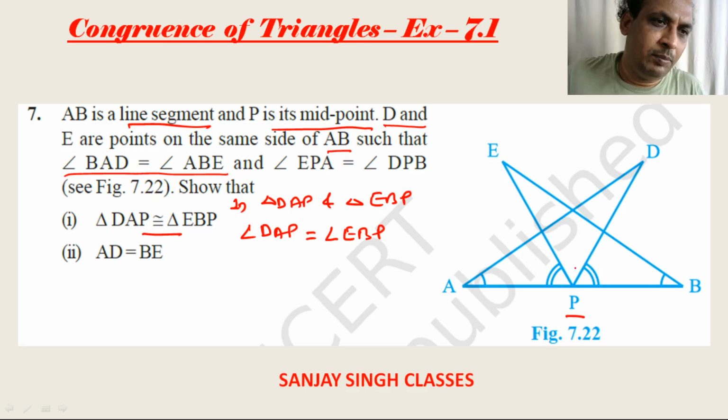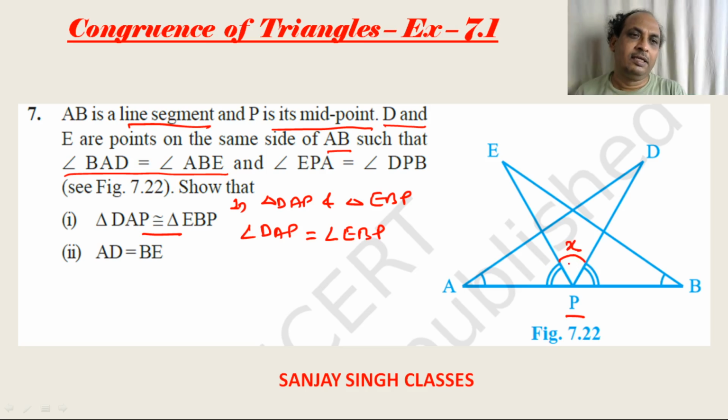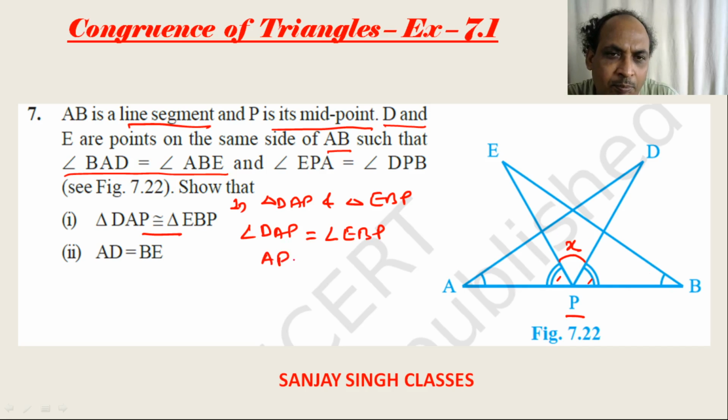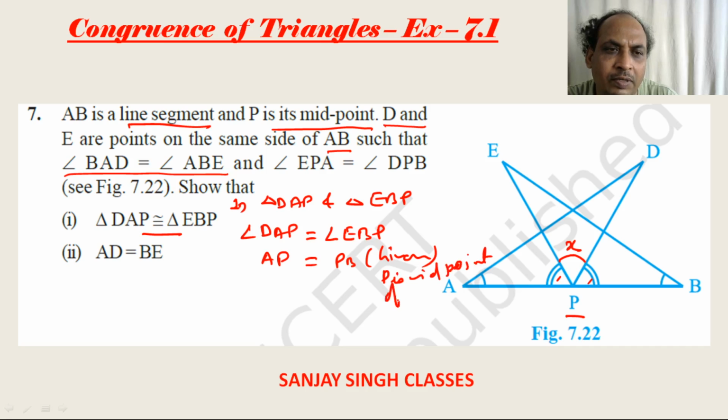Right. Similarly, here we can see that it is common angle, suppose it is X. So adding of these two will always be equal, because this angle is equal to this angle. When we add X common, the angle EPB is equal to angle DPA. Okay, then another one, AP is equal to PB, given, P is the midpoint of AB.